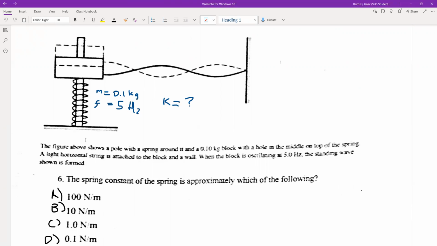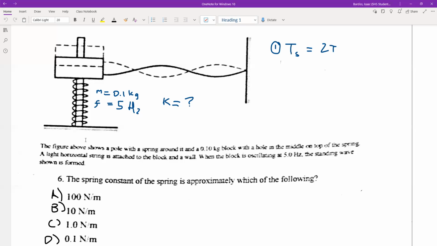Now we need to figure out what equations to use. Well, how can we find spring constant knowing those things? Well, we know that we can find the spring constant if we know the period. Also, if we knew the force, but that doesn't help us in this one. For a spring, the period equals this.